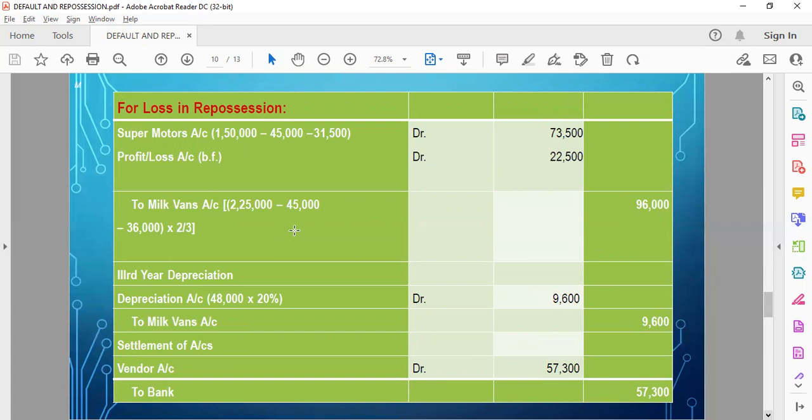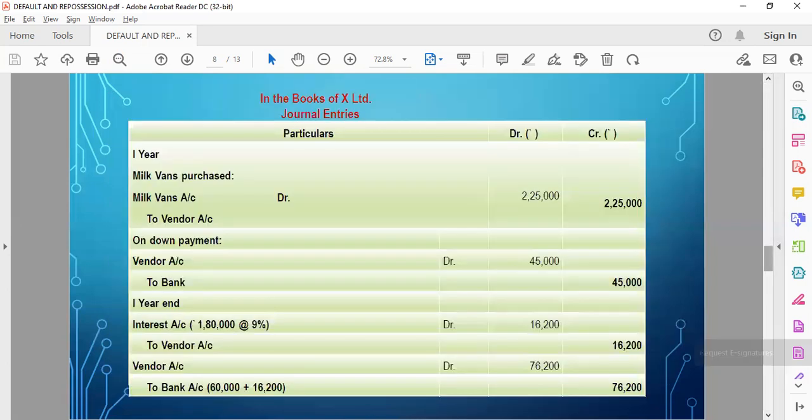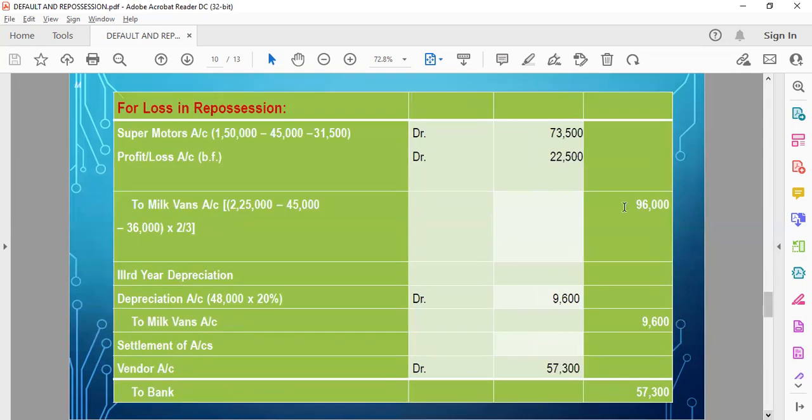Then we can see the loss in repossession. What is the journal entry? Super motors account debit 73,500, profit and loss account debit 22,500. Already I have shown you how to calculate this profit or loss: 22,500 is 96,000 minus 73,500.